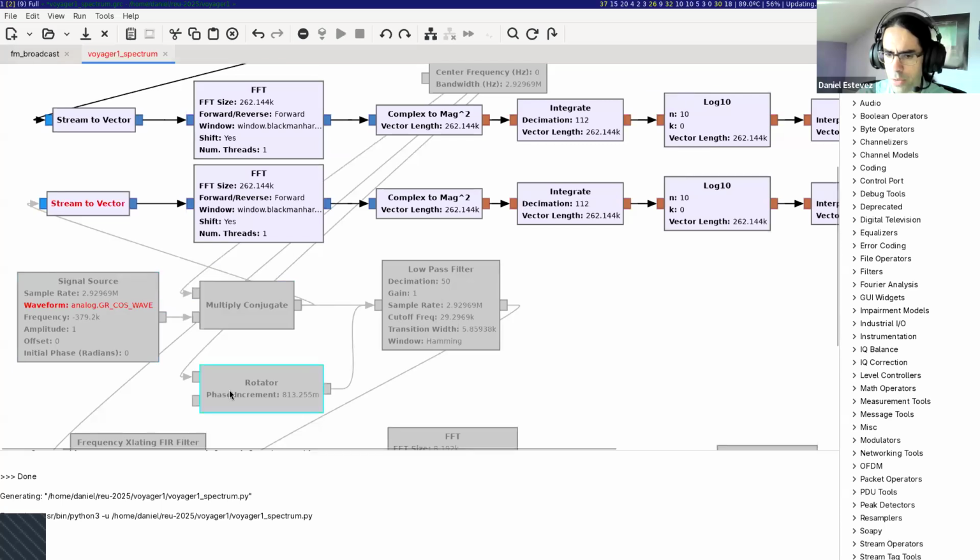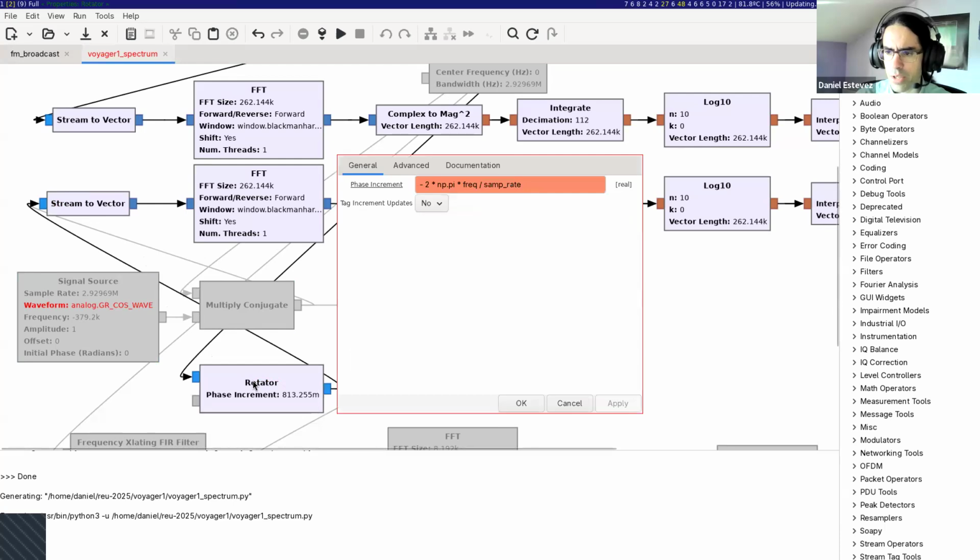So there is another block which is called Rotator, and I'm just going to show you so that you know it exists and you have multiple different tools to do things. Rotator has a phase increment, so it's going to apply a phase increment to each of the samples of the signal, and a frequency shift is the same as a phase increment versus time, right?